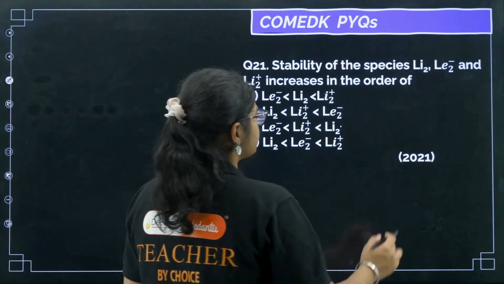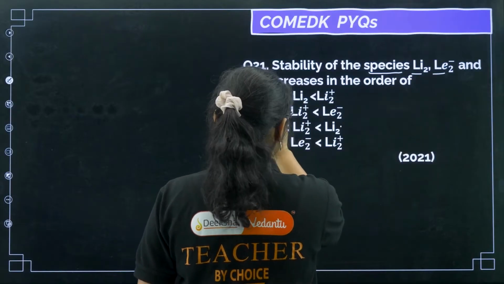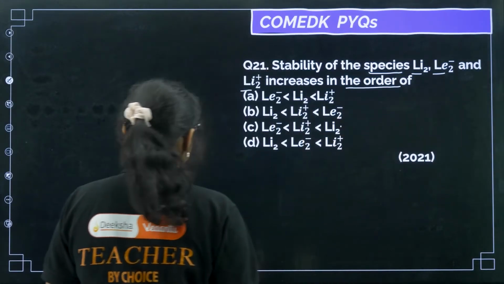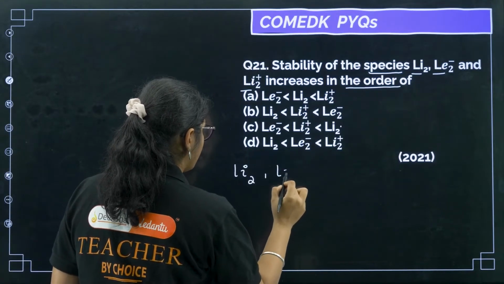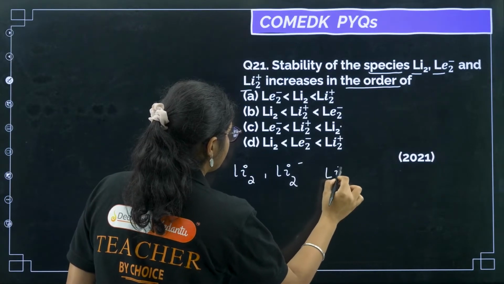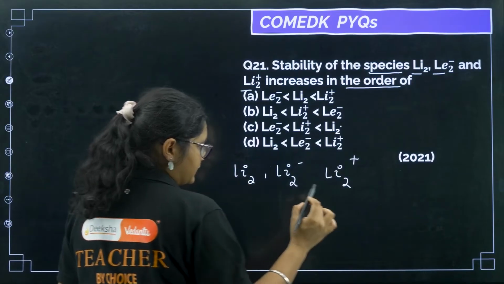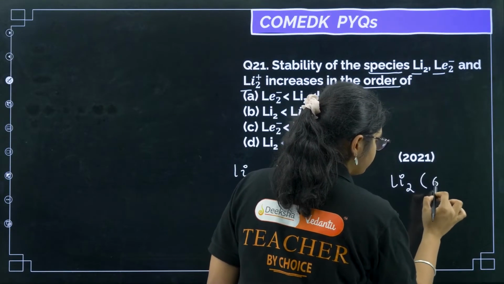I have to tell the order in which the stability of the species Li2, Li2 minus and Li2 plus increases. Now Li2 has a total valence electron count of 6, right?